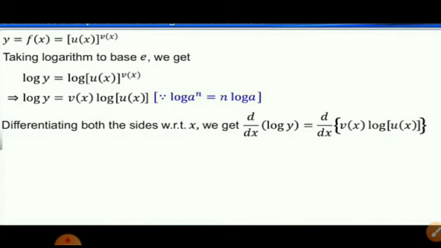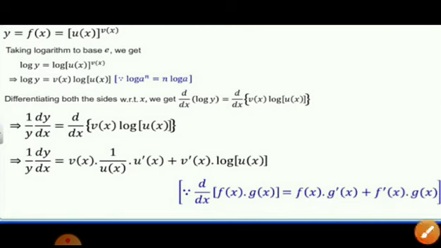On the right hand side, it is the derivative of a product, so we use the product rule: u of x into v of x. It will be first into derivative of second plus second into derivative of first.